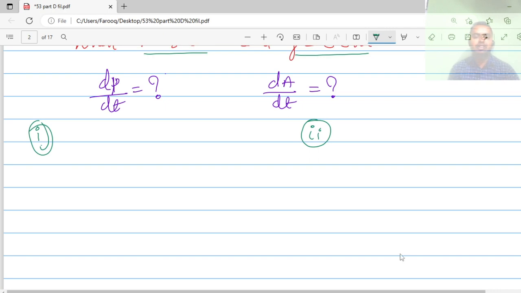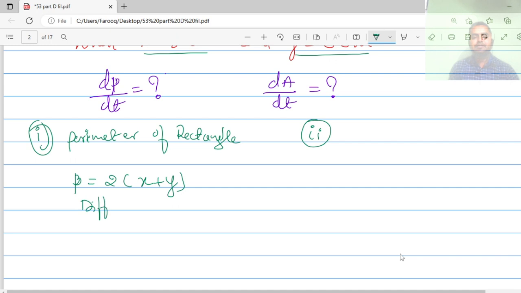We know the formula for the perimeter of a rectangle: P is equal to 2 into length plus breadth, that is P is equal to 2 into x plus y.